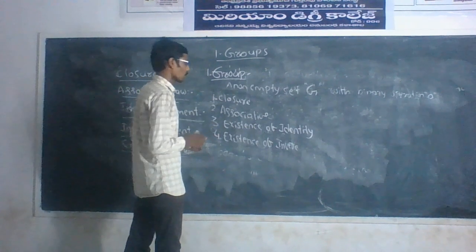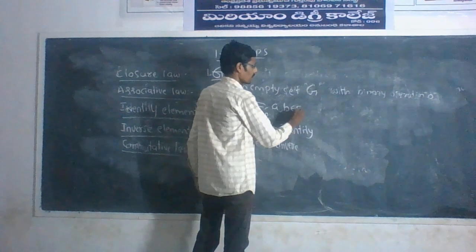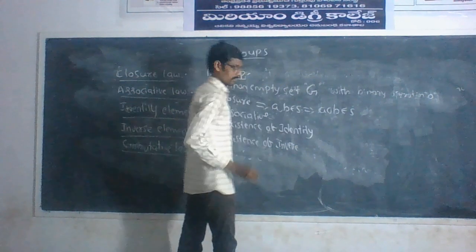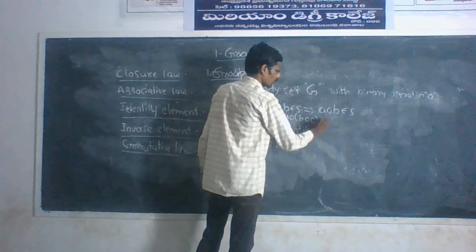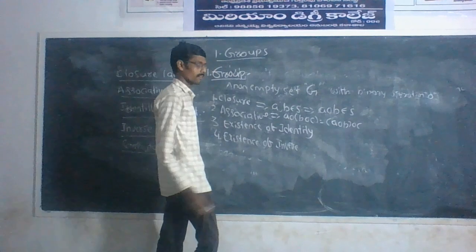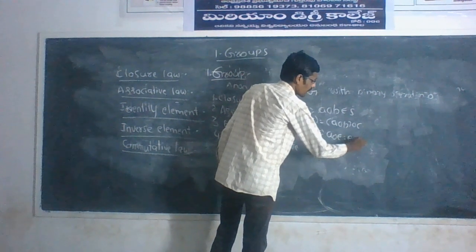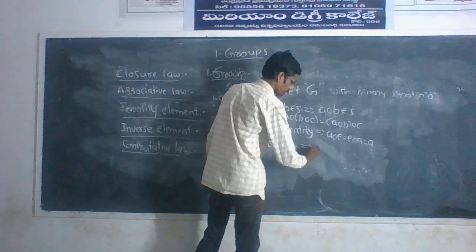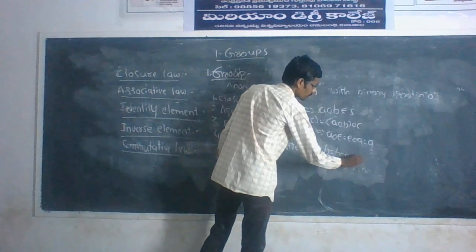Closure means a, b belongs to S implies a circle b belongs to S. Associative: (a circle b) circle c is equal to a circle (b circle c). Existence of identity: a circle e is equal to e circle a is equal to a. Existence of inverse: a circle b is equal to b circle a is equal to e.